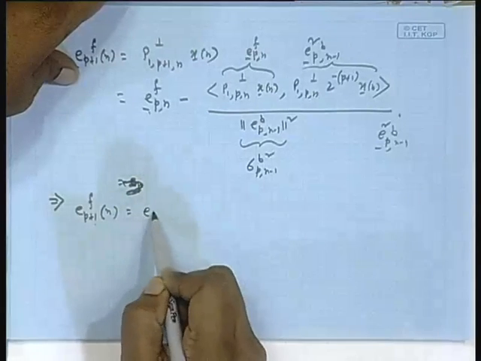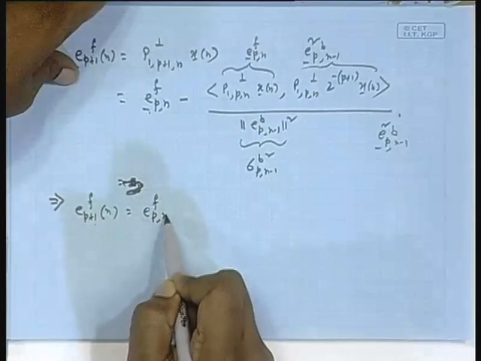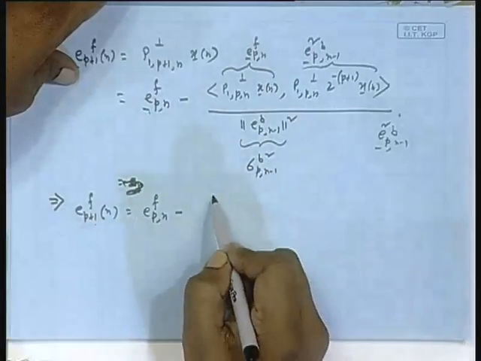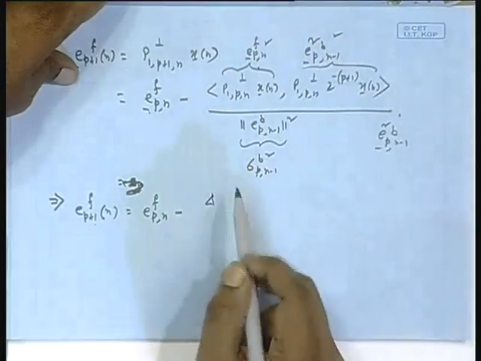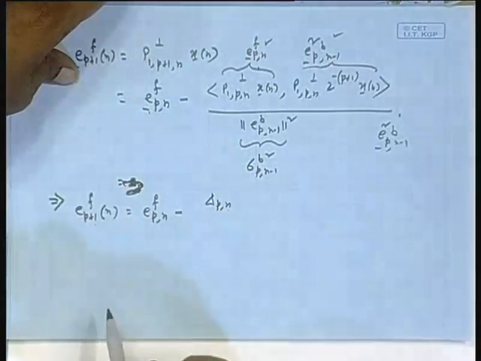So, you take the last component here minus this inner product between this and this fellow and this fellow. I am giving it a name, delta p n.